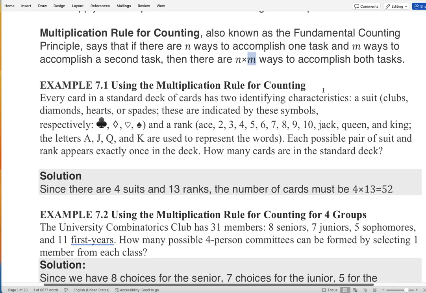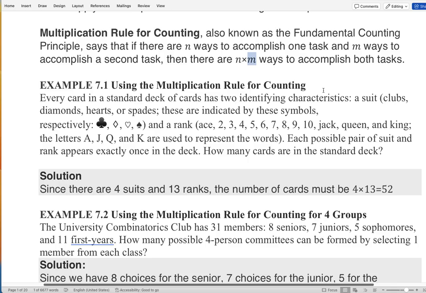The first is the suit: club, diamond, heart, and spade. The second characteristic is the rank. The rank goes from 1, 2, 3, all the way to 10, and then jack, queen, and king. The 1 is denoted by ace, the letter A. J is for jack, Q is for queen, K is for king.